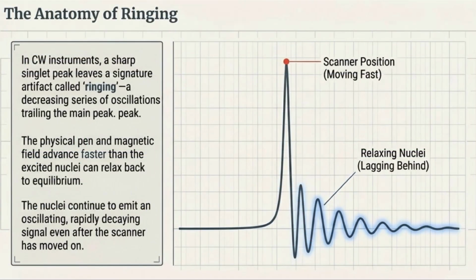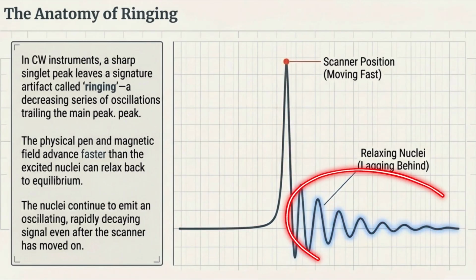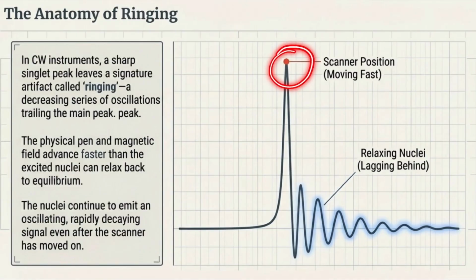One of the disadvantages of the continuous wave instrument was peak ringing. If this is the main peak, the trailing part has several rings, which is called peak ringing. Why does this happen? The pen position moves forward from left to right with the increase of magnetic field.